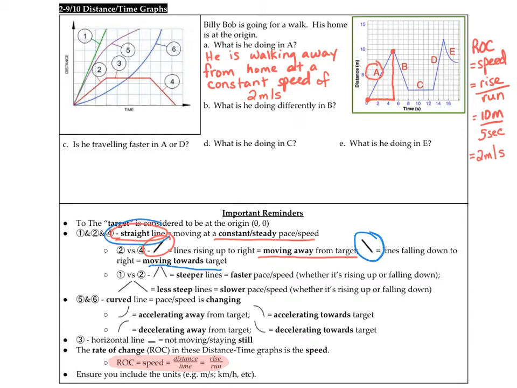It's still a straight line, so he's still moving at a constant pace, but this time he is walking towards home at a constant speed of, and now let's calculate the speed.